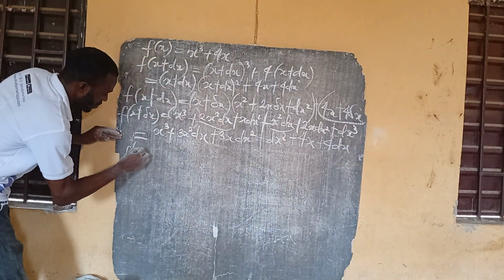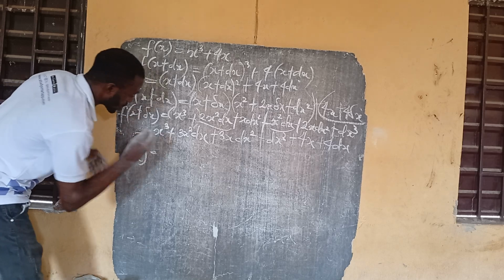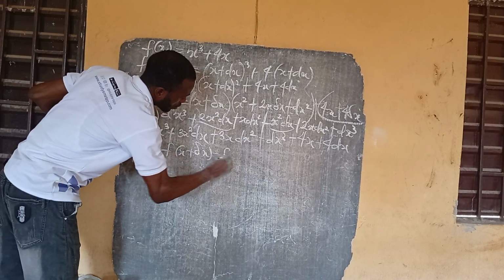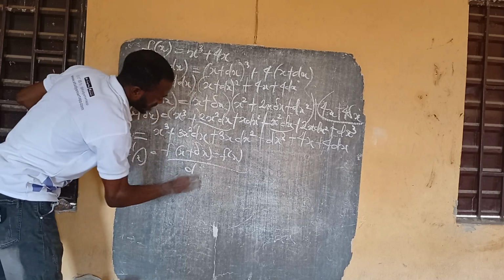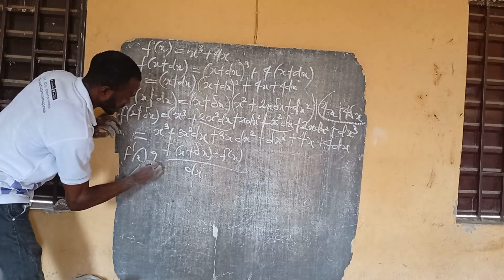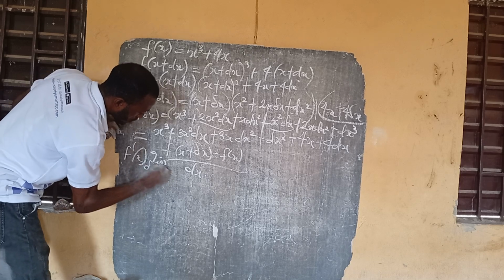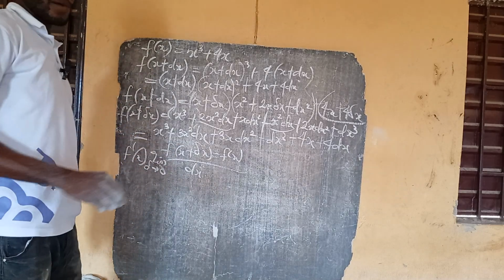Therefore, our f prime of x will now be equal to, recall that it is always f of x plus dx minus f of x all over dx, which the limit of this as dx tends towards 0. This is always our f prime of x.